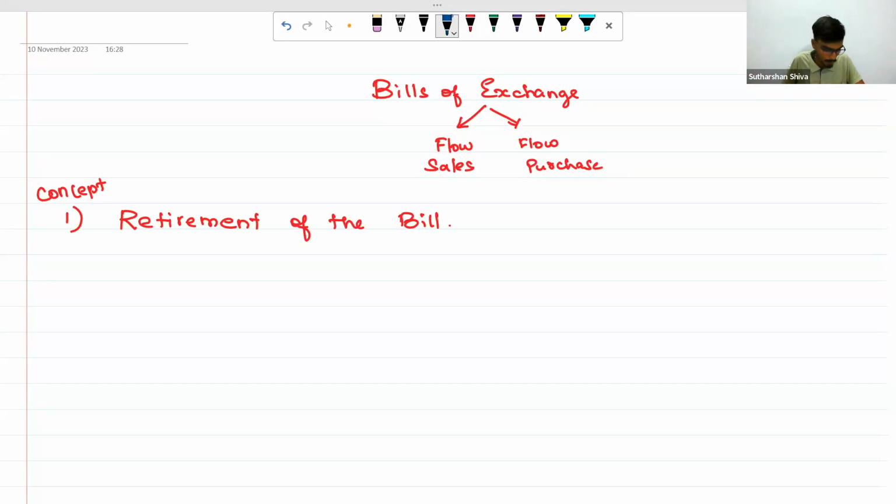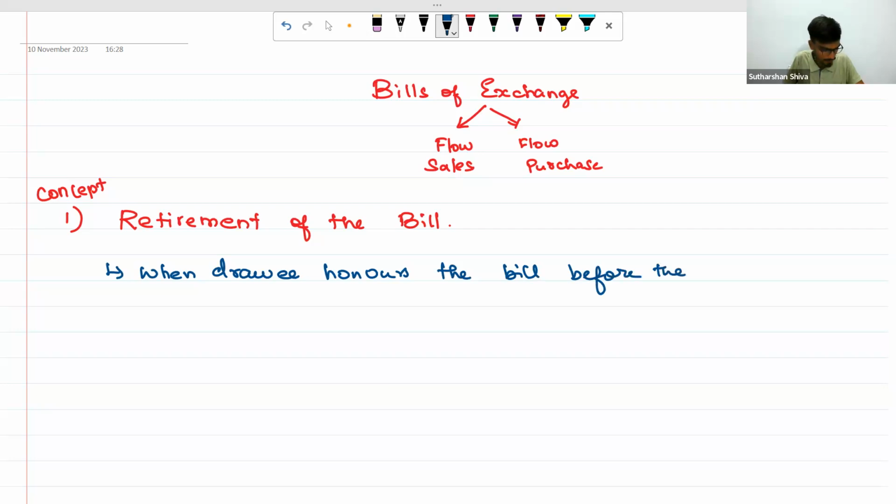When the drawee honors the bill before the due date, it is known as retirement of the bill.